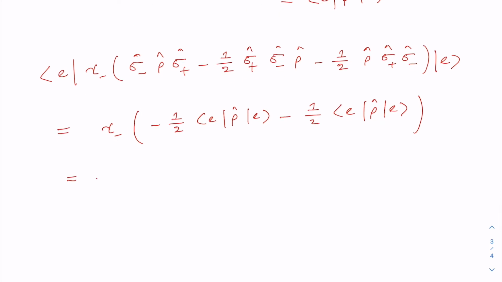Therefore I will get it as minus γ₋ ⟨e|ρ|e⟩. I can write it as ρ_ee. Okay, so this is what I have.